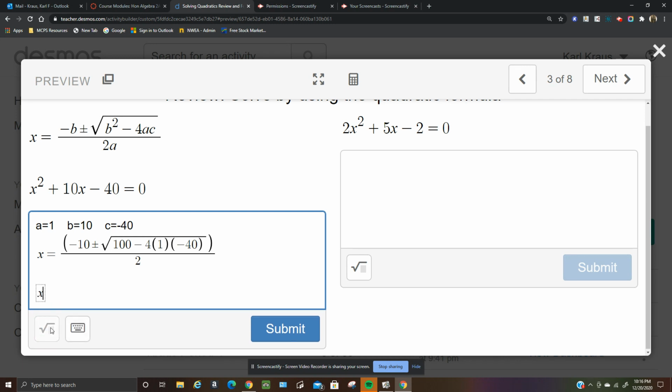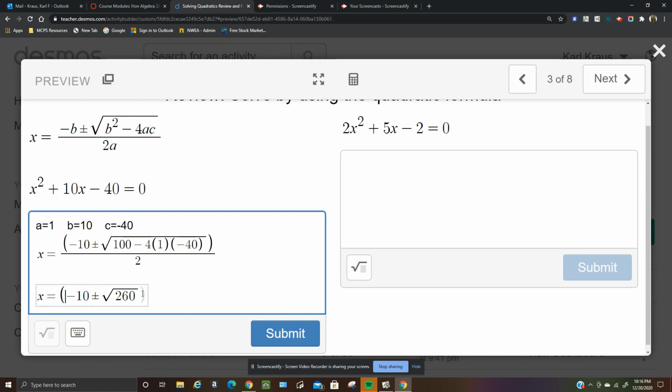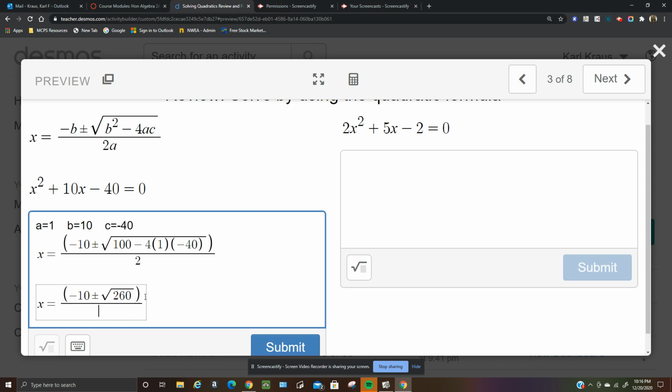I'm just simplifying what's under the radical. 100, and then negative 4 times negative 40 is 160, so this is 260. And you can just leave the answer like that.